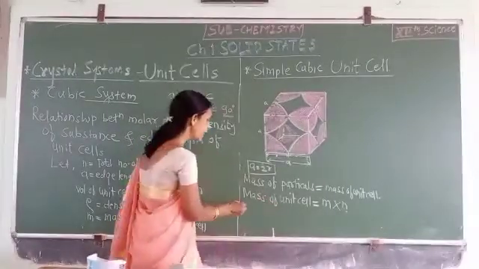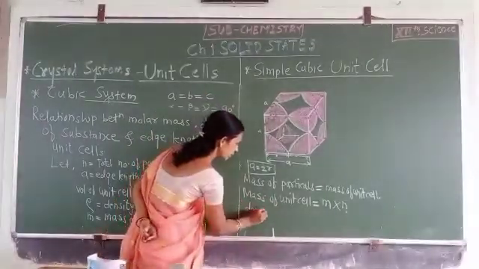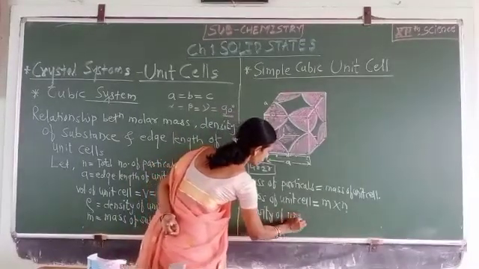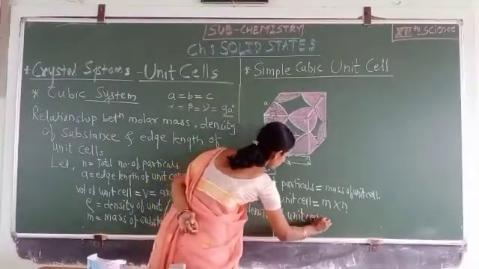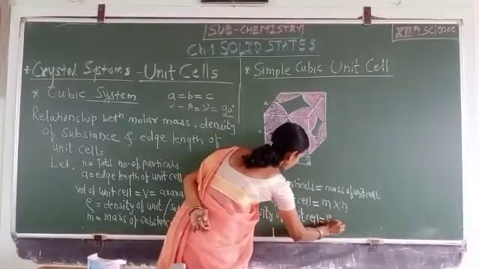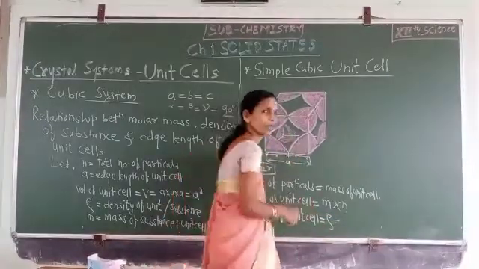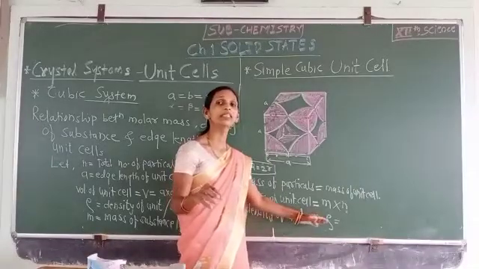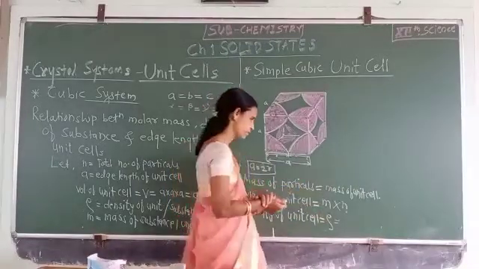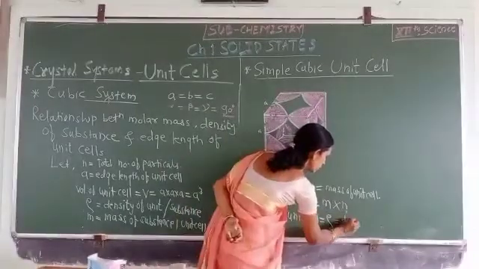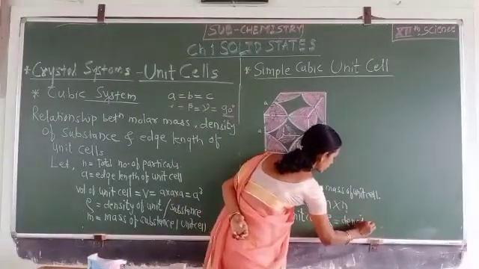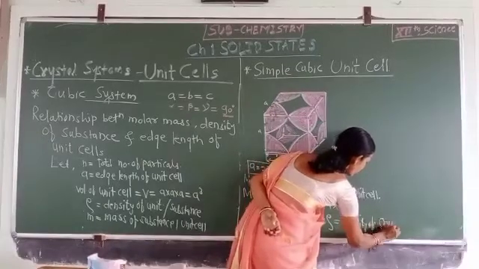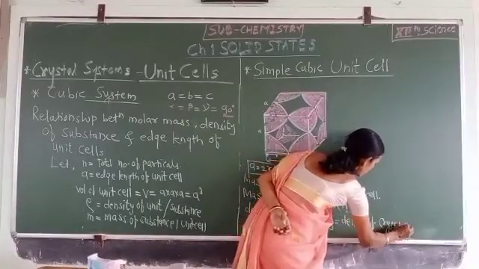Then density of the unit cell, which is denoted by rho, is nothing but the density of that substance. Rho is the density of that crystalline substance.